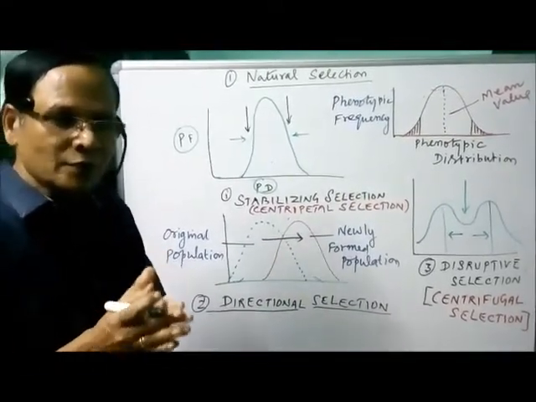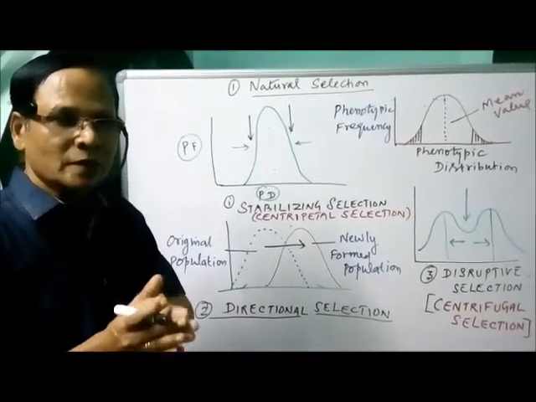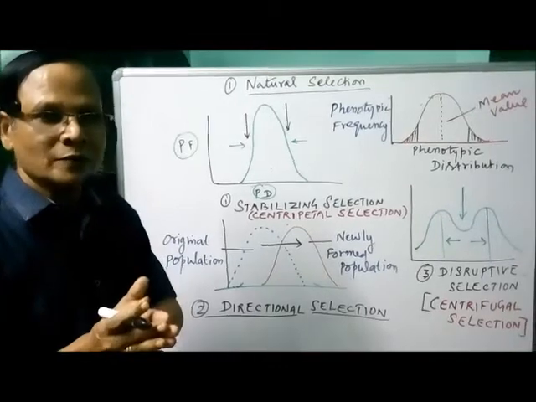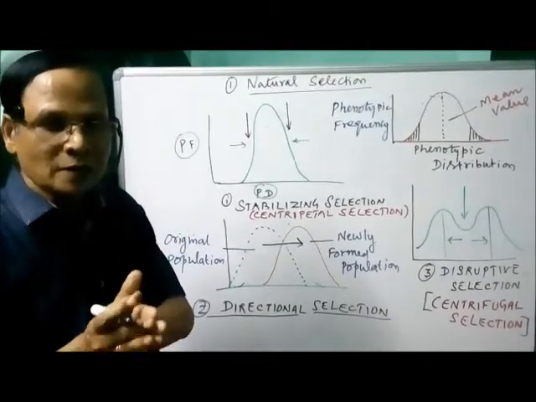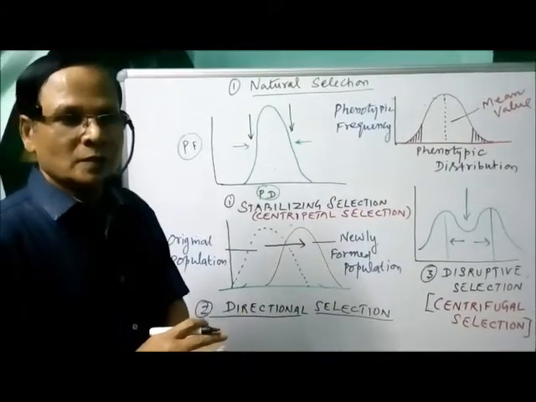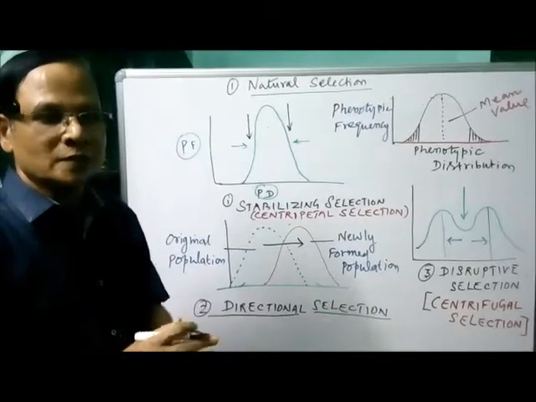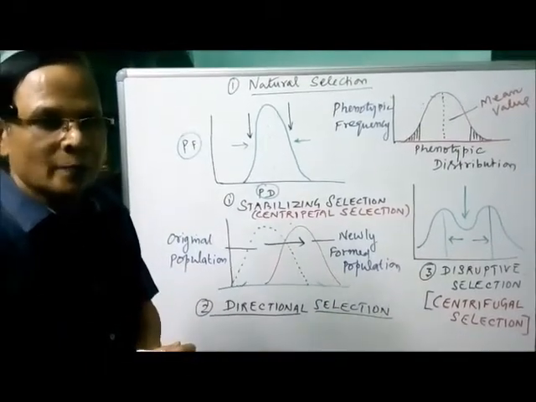So if the allele is favorable, it gives fitness to the organism, then the organism can survive, fit to the given environment, and reproduce. Suppose that allele reduces fitness, ultimately what will happen?